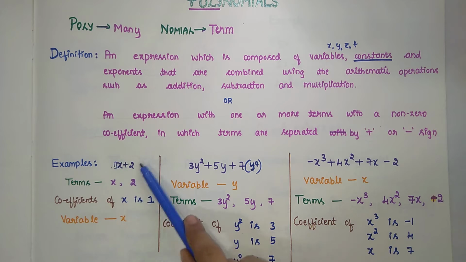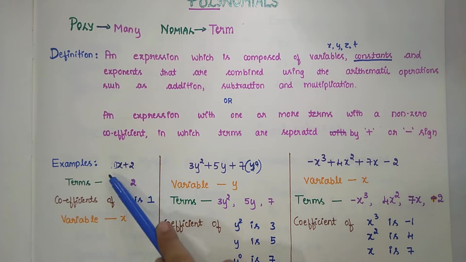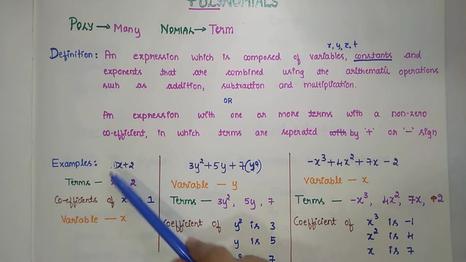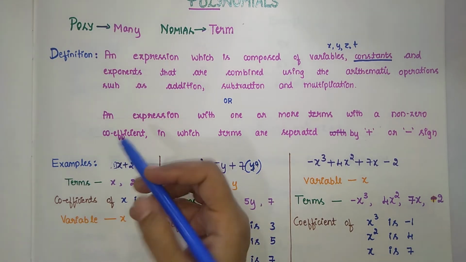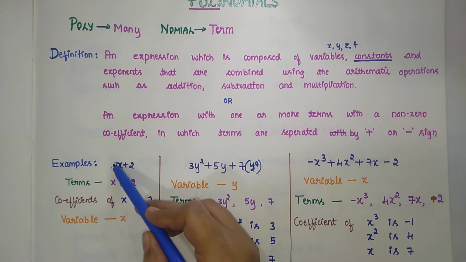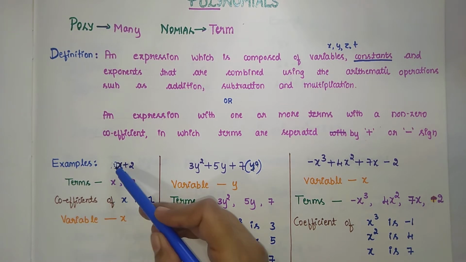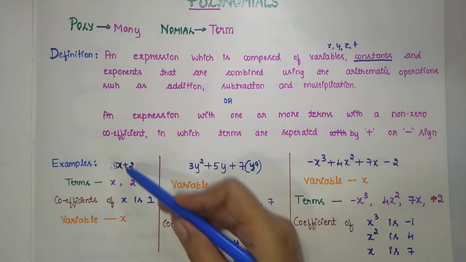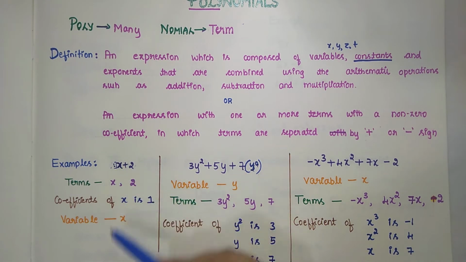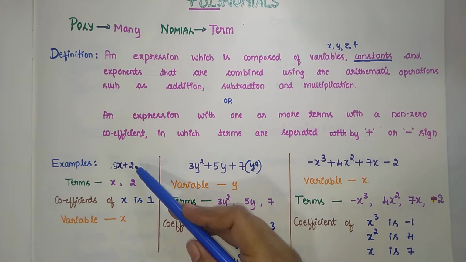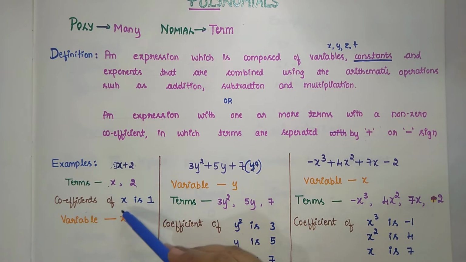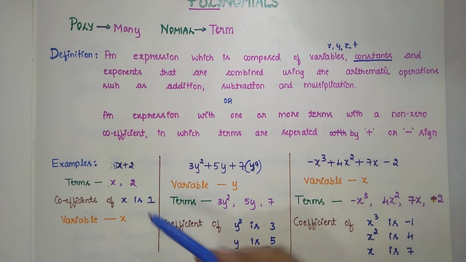So these are the two terms, and the coefficient of x is 1. As you can see, we have only x, so it is nothing but it is multiplied with 1. So we can take that 1 as the coefficient of x, and the variable here is x. So x is the variable, terms are x and 2, and the coefficient of x is 1.